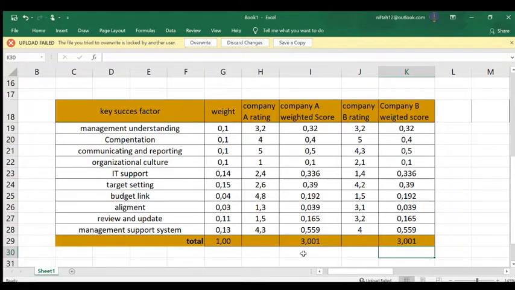Maybe this is the same. The total weighted score indicates how well companies respond to the currently expected key success factors in this industry environment.